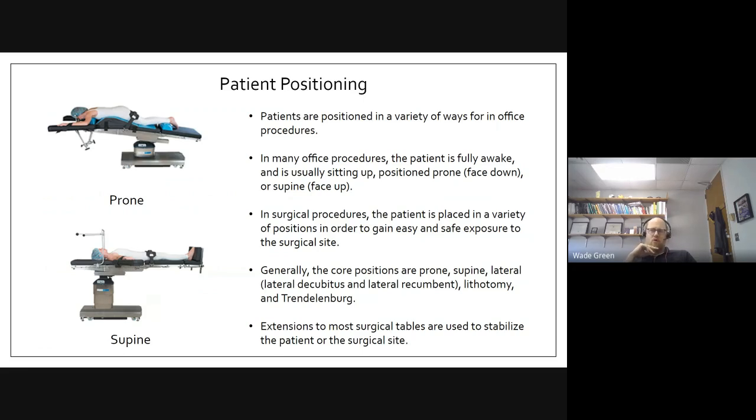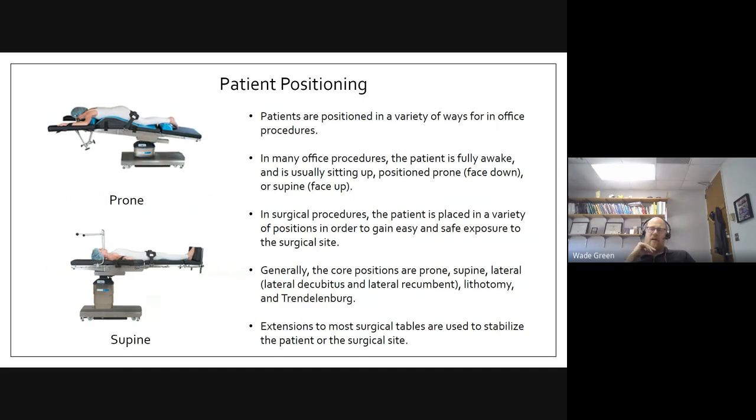Usually in surgical procedures, and that's what we have pictured here, we're going to put the patient in a variety of positions because the bottom line is we want to gain easy and safe exposure to the surgical site. So we position the patient in different positions based on the surgery being performed. You can see here, for example, a patient that's prone at the top.